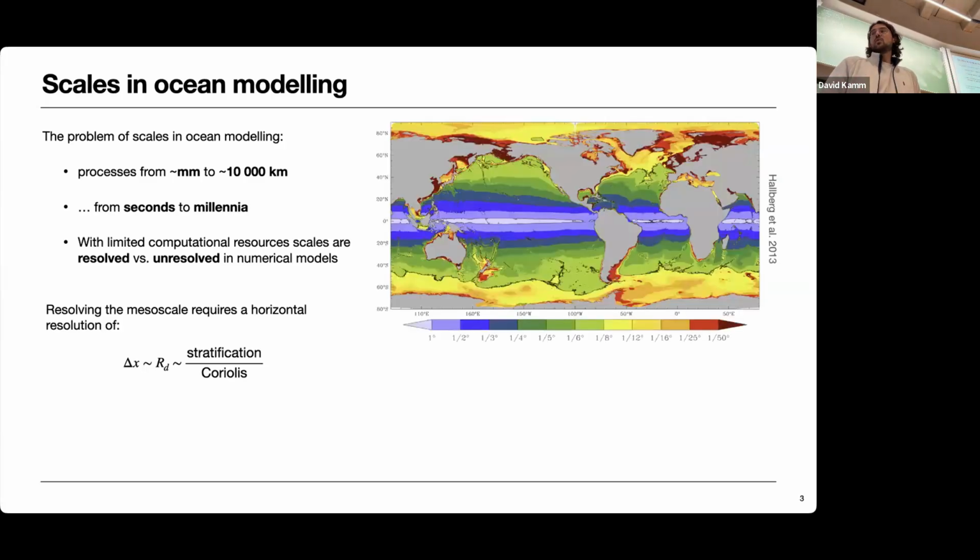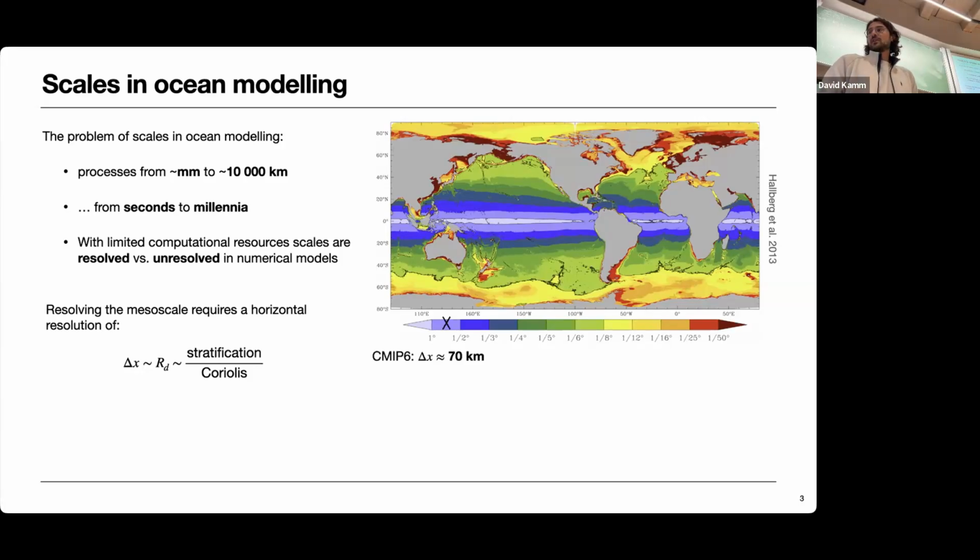With this, we can ask the question the other way around: which horizontal resolution would we need to represent mesoscale eddies? There, Hallberg et al. came up with this map where you can see that around the equator, roughly a horizontal resolution of 1 degree latitude longitude can be enough to represent mesoscale eddies. But if you go to higher latitudes and less stratified fluids, you need higher and higher horizontal resolution.